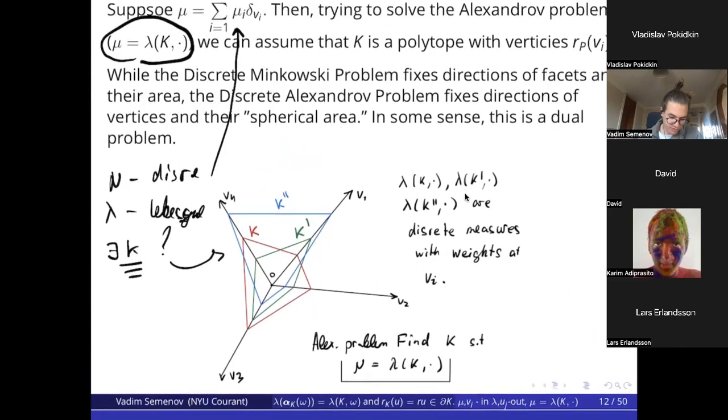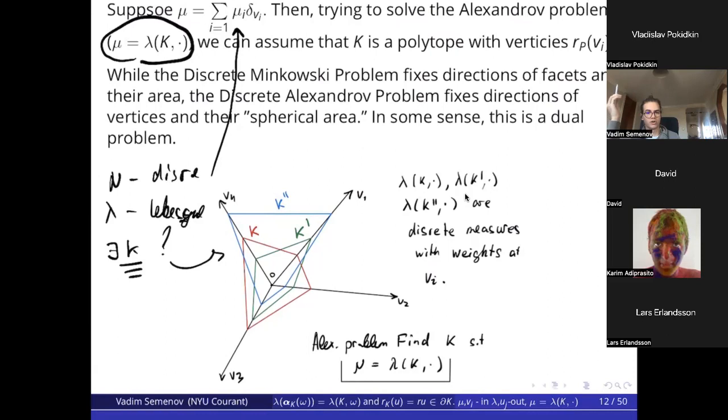So the cool thing is that in some sense, the Aleksandrov problem is dual to the Minkowski problem, because if you take the solution to the Aleksandrov problem and you take a dual of this polytope, then the vertex for which you fix a direction becomes a facet with a fixed normal.